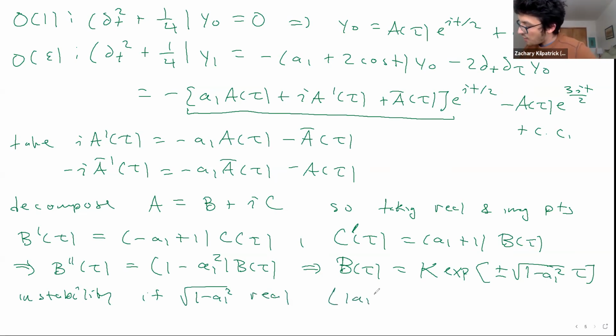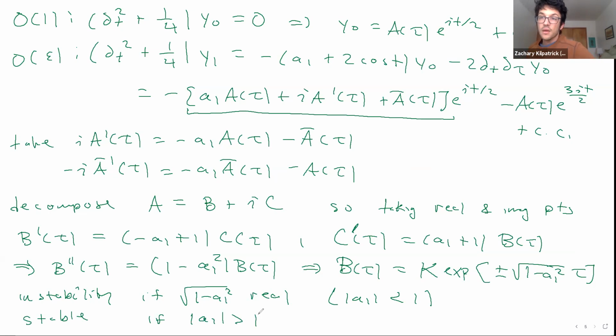So if a1 has magnitude less than 1, I'm going to have exponentially growing amplitudes. If I want stable solutions, I just need to take a1 to have magnitude greater than 1.